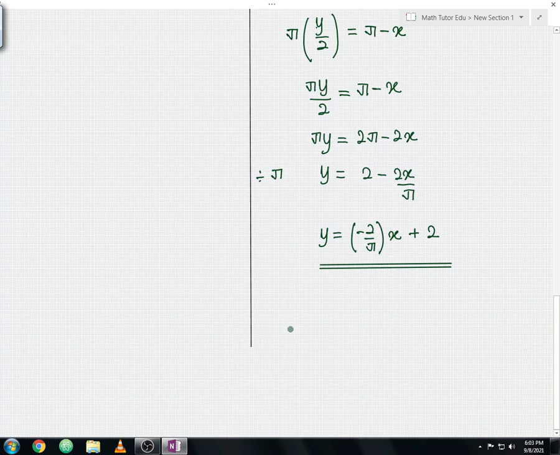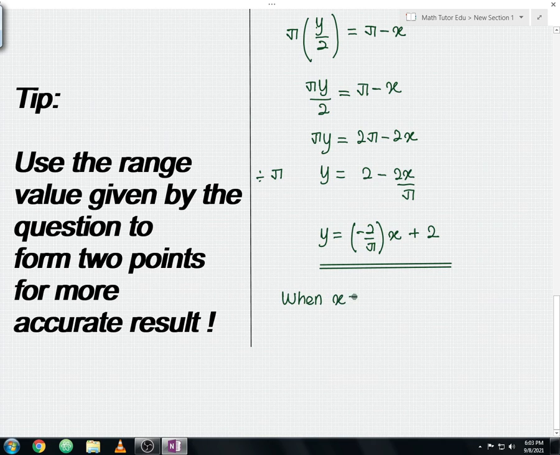That is the easiest point that we can possibly find. So when you substitute x equals to 0, you get your y equals to 2. Okay, and then the second point you can possibly substitute is x equals to pi. Okay, that is the easiest point.